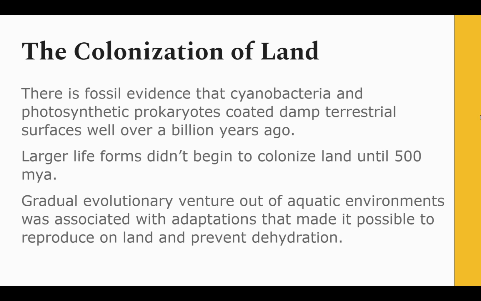And as that developed, they were like, oh, we can come up here and eat these cyanobacteria and not dehydrate. It's pretty cool. 500 million years. So, very long now. So, this was our last big key event in geologic history.